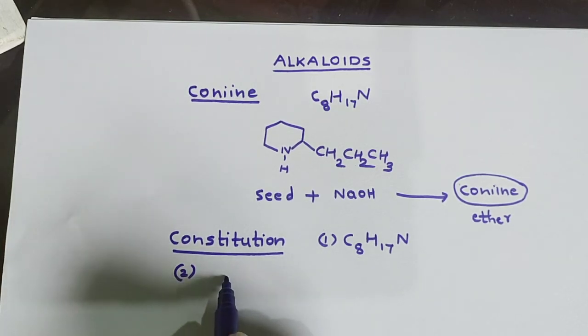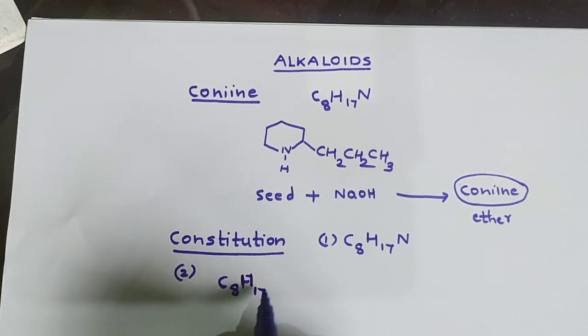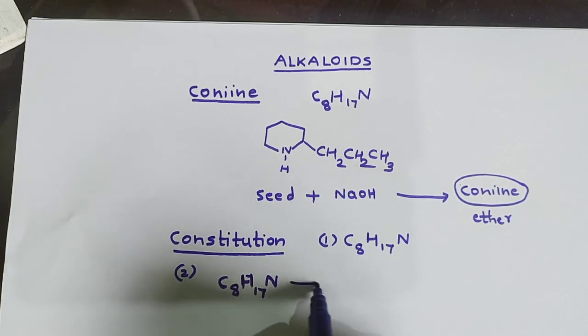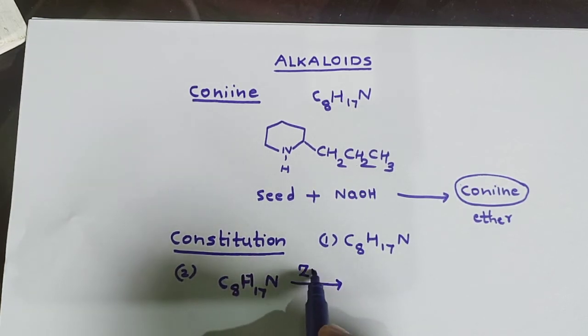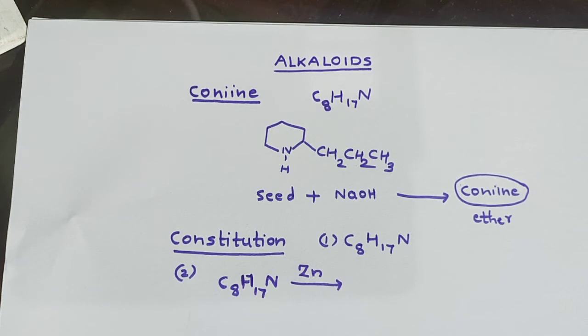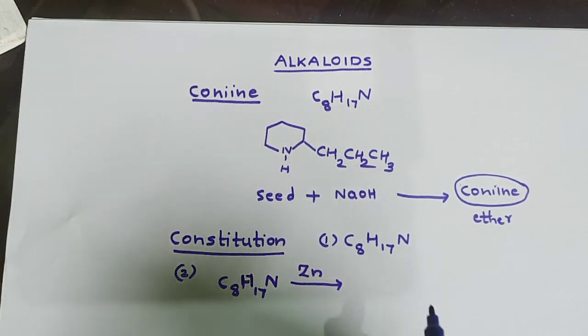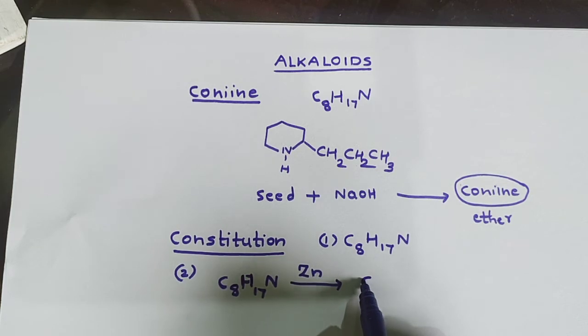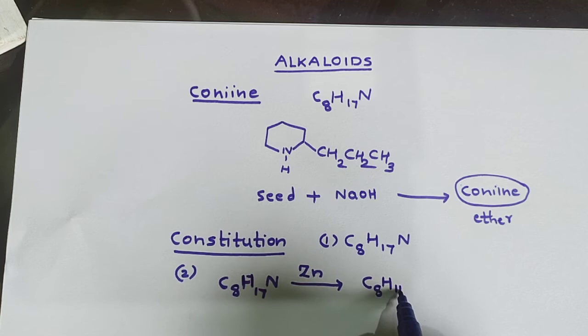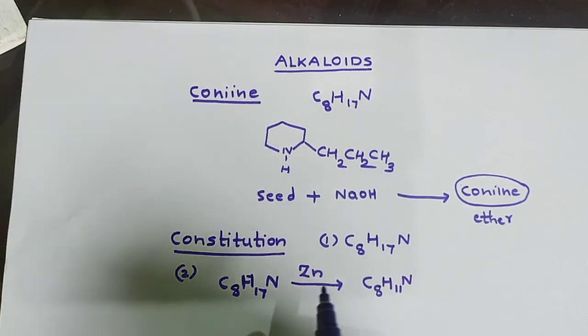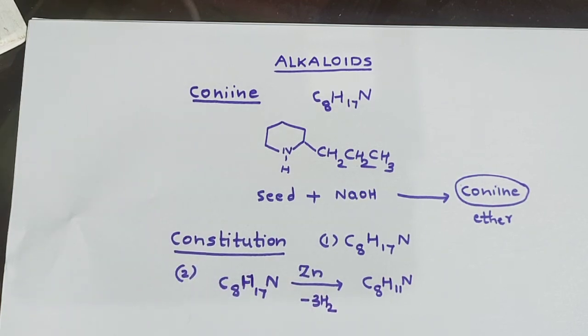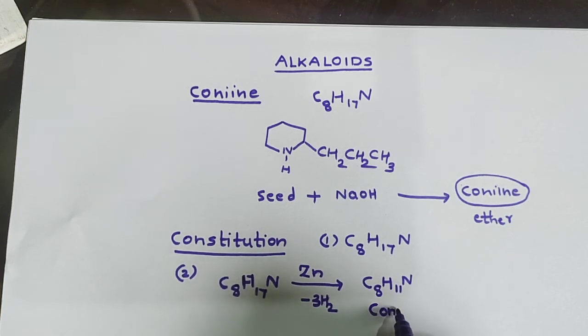When this choline, that is C8H17N, is treated with zinc, it gives C8H11N. Loss of hydrogen takes place, -3H2. This is conarine.